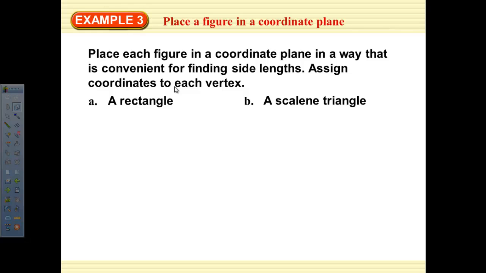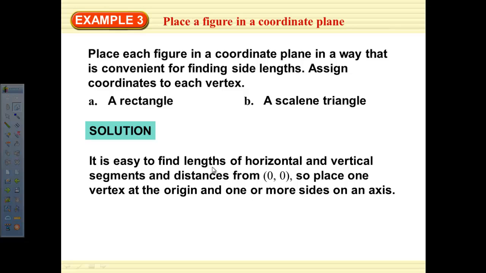And we want to always place the different figures that we're dealing with so that hopefully one vertex is at 0, 0. So again, we would want horizontal and vertical segments on the axes, and we want one vertex at the origin and one or more sides on either the x-axis or the y-axis.